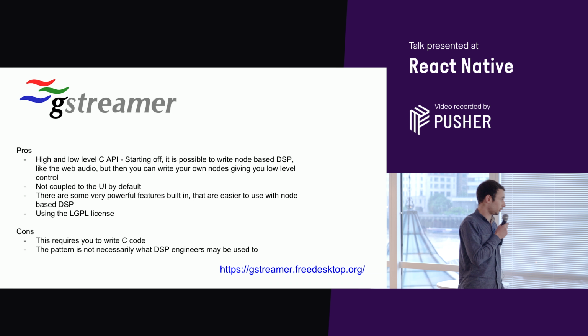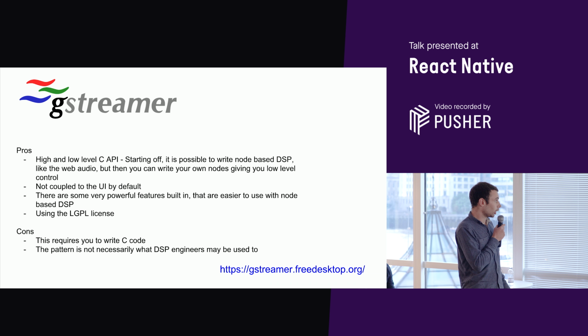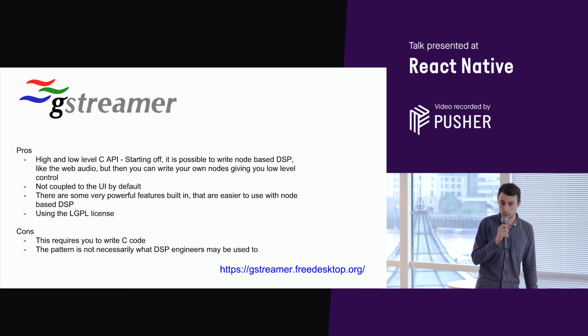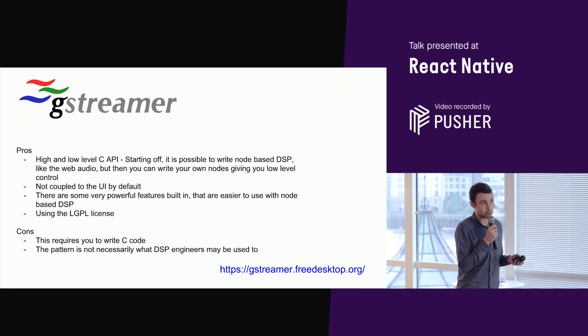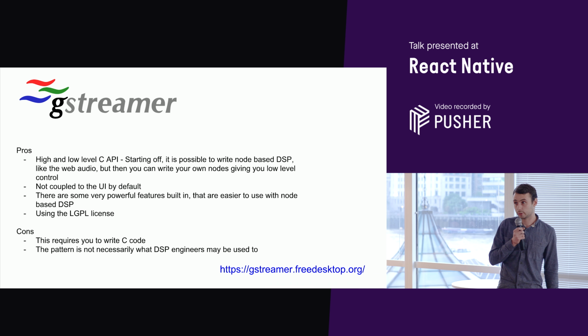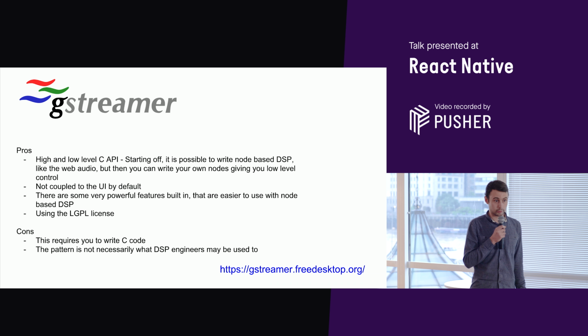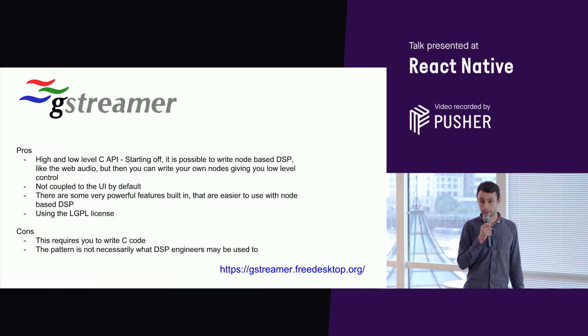So the pros of Gstreamer: it's got a high level API and a low level API. What do I mean by this? Getting started, you can write node-based DSP. If you've ever used the web audio API, creating web audio nodes and connecting them together, you can do the same thing with Gstreamer.